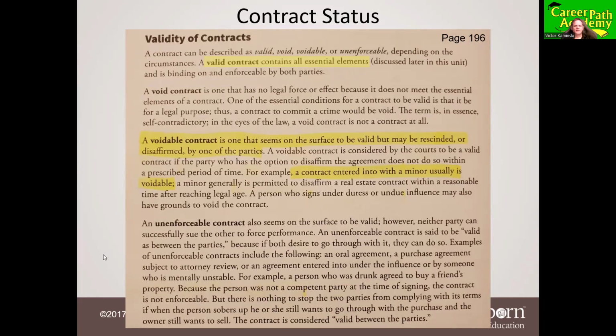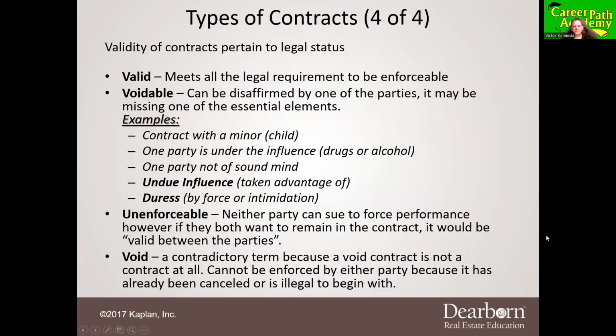Yes. So here's my slide that gets into that, explaining valid, voidable, unenforceable, void, and also goes over duress and undue influence. In mine, I say a valid contract meets all the legal requirements to be enforceable. A voidable contract can be disaffirmed by one of the parties. It may be missing one of the essential elements to be voidable. Or it could be a contract with a minor, voidable by the child. Or if somebody's under the influence of drugs or alcohol, or if they're not of sound mind.